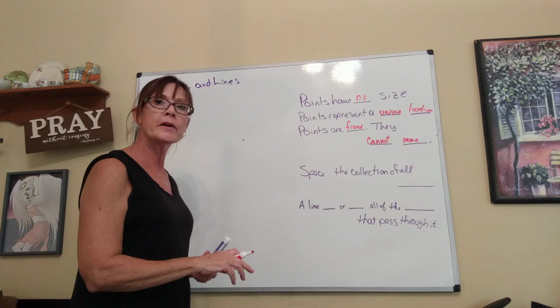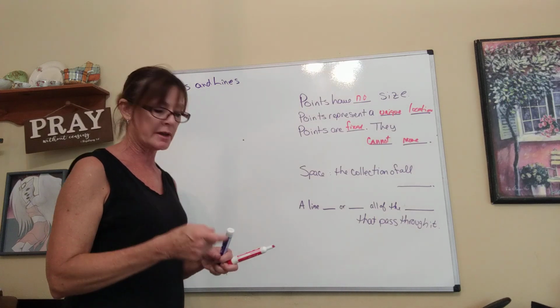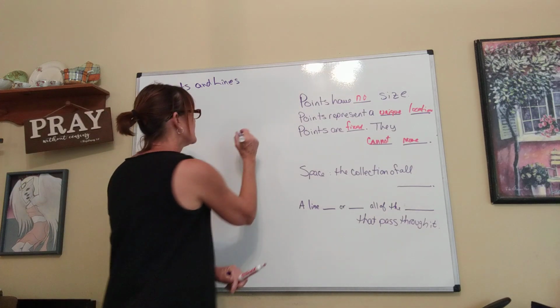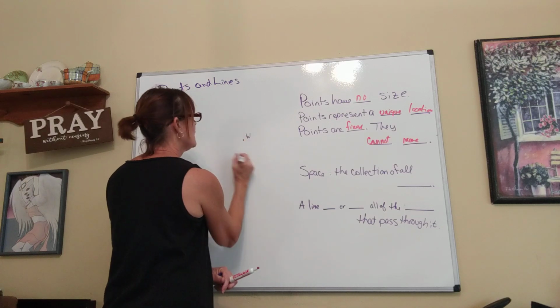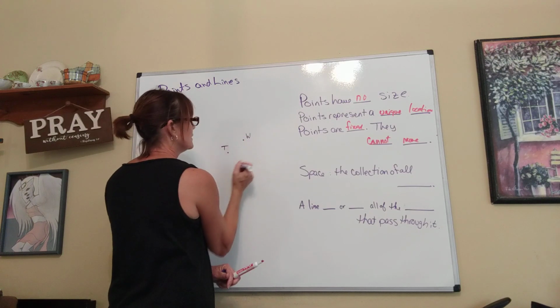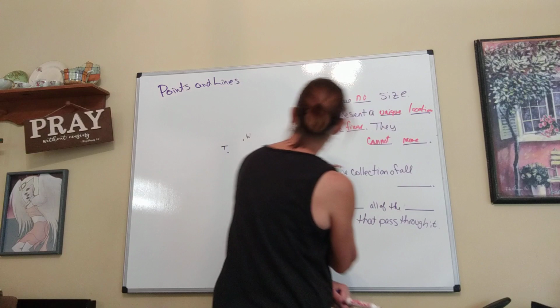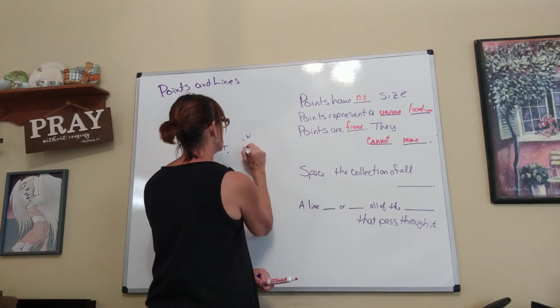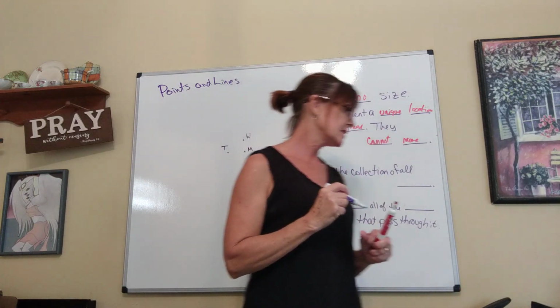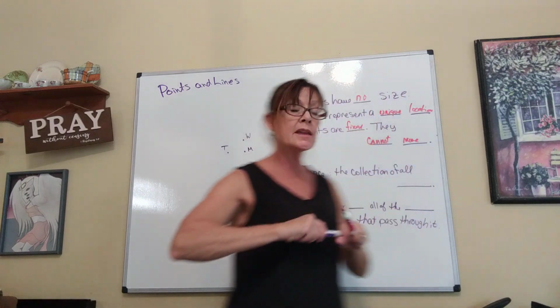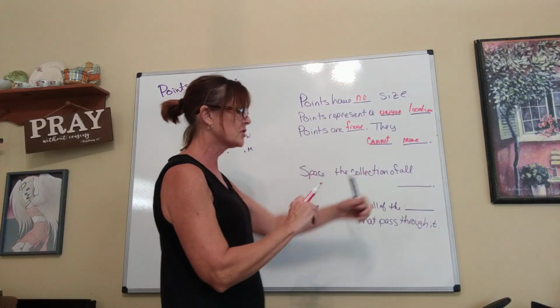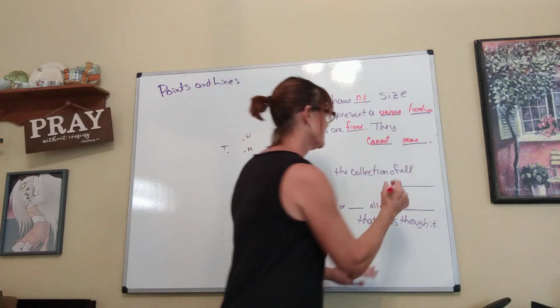We name points with letters, and usually we give them a capital letter for a name. I'm going to name this one W, this one T, and this one M. There are 3 points in space. We're going to define space to be the collection of all points.